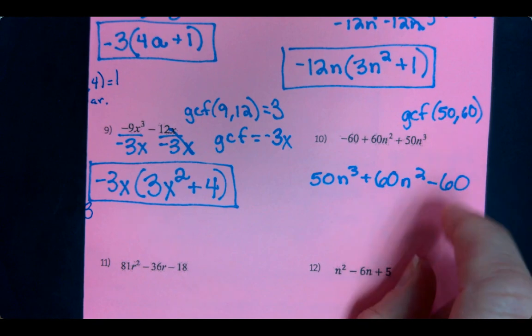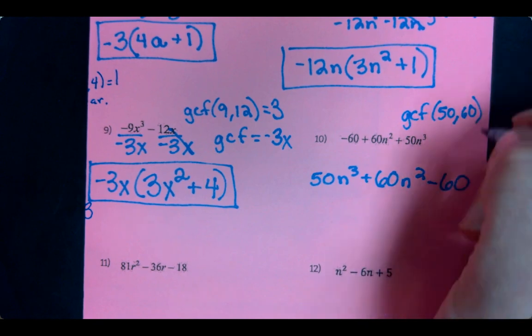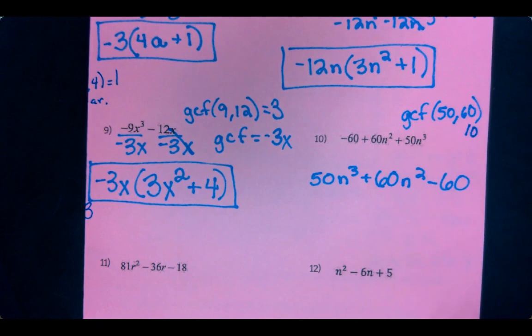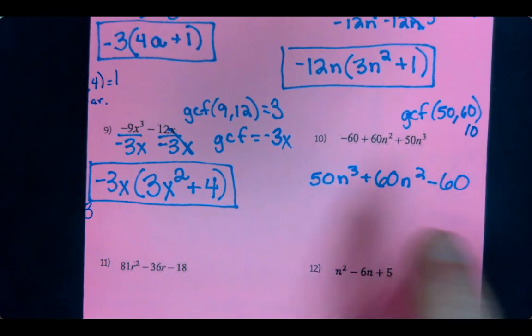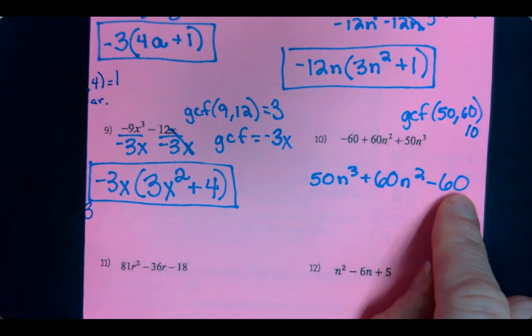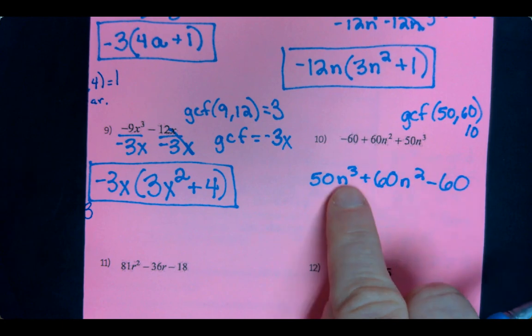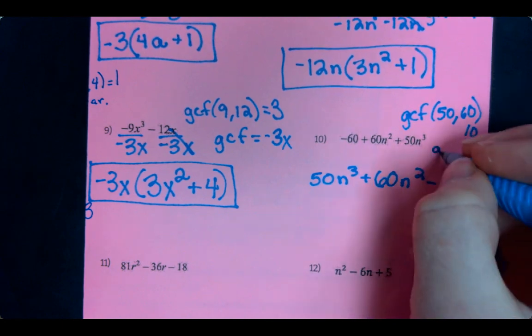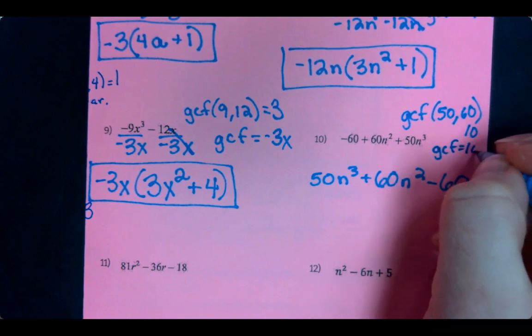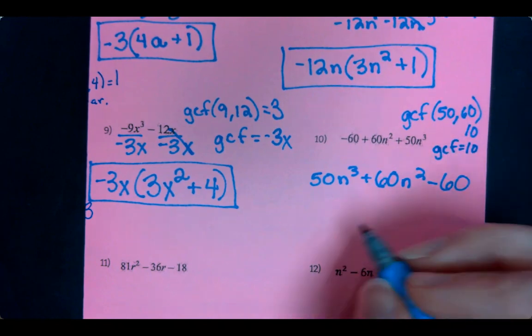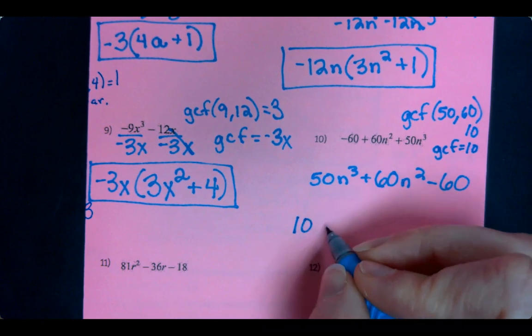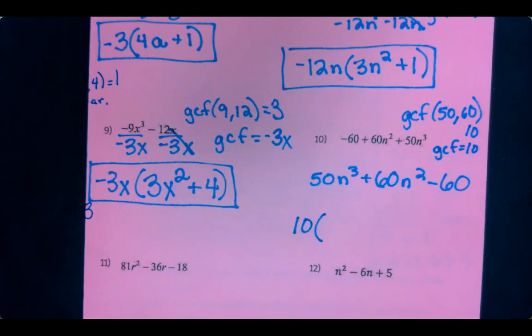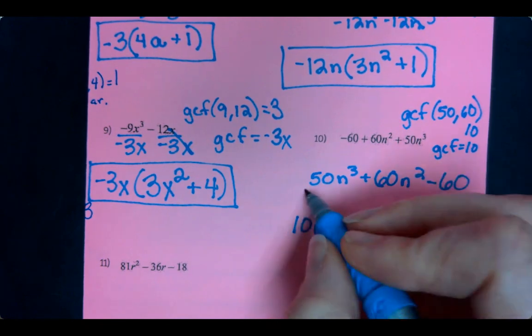So we want to know what divides 50 and 60 evenly. Our leading coefficient is not negative, it's positive. And then they don't all have an n. So our GCF is just 10. So we put 10 out front and we divide everything by 10.